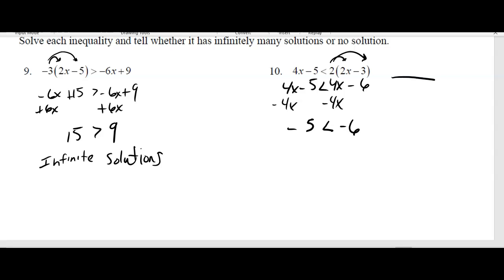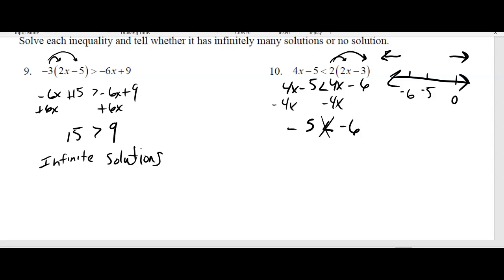So if I think about a number line, I have negative 6 here, negative 5 here, and of course 0 would be over here. The smaller numbers go to the left, and the bigger numbers go to the right. When is negative 5 less than negative 6?